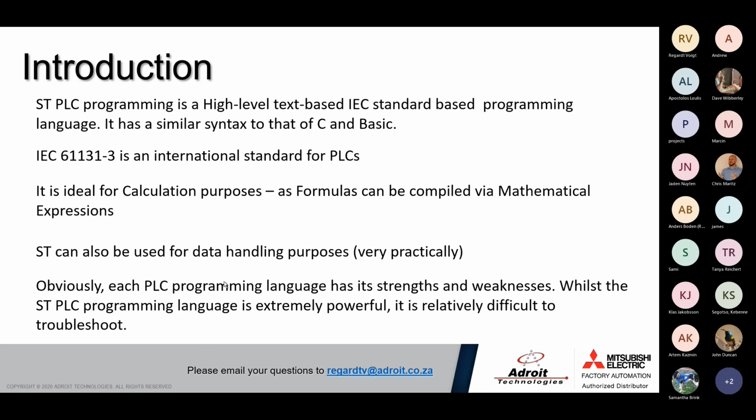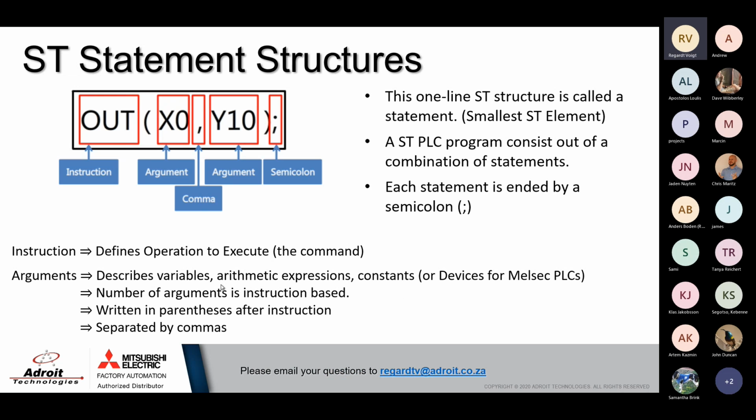Let's have a look at the structured text statement structure itself. There's obviously a syntax to be followed. If the syntax is not followed, you'll get your classical errors in GX Works3 and GX Works2 for troubleshooting purposes.